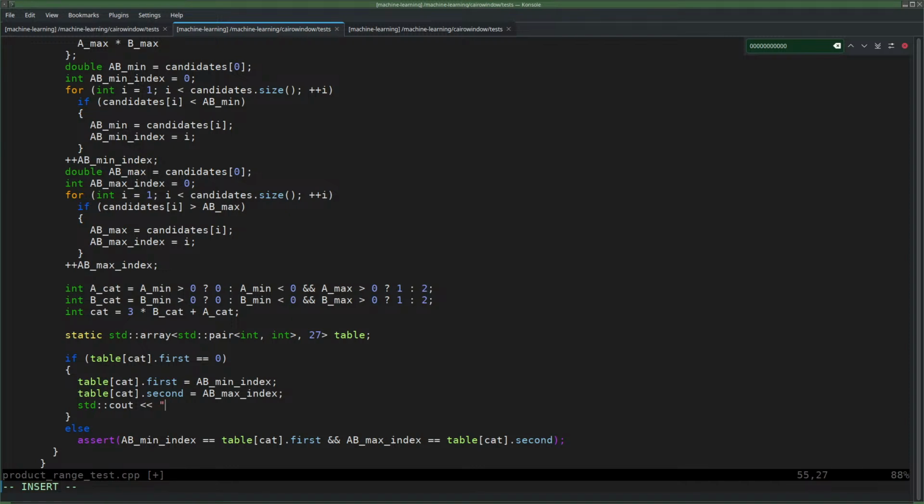So this is the first encounter where A category is A category and B category is B category, and therefore category is category.